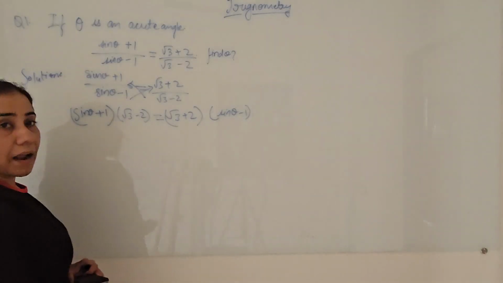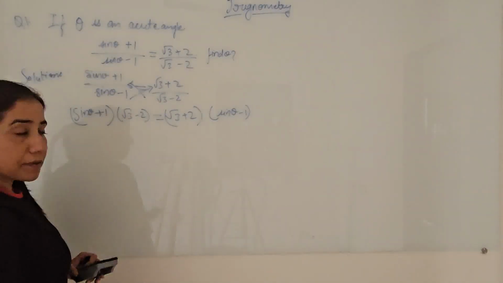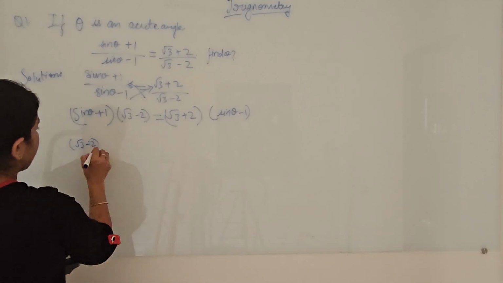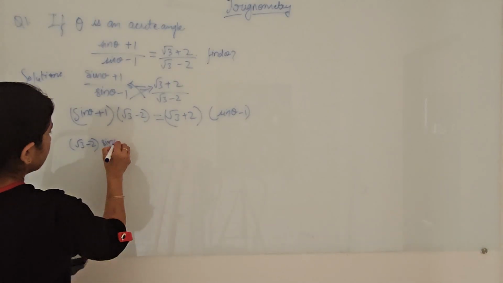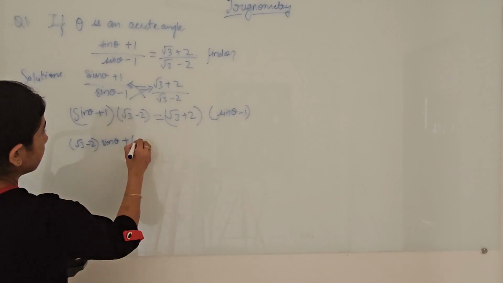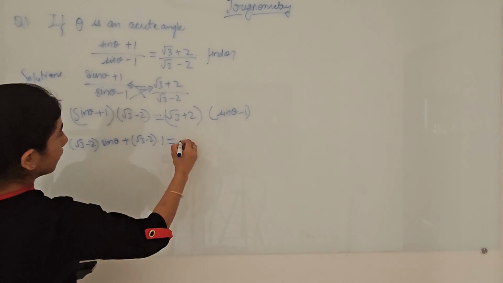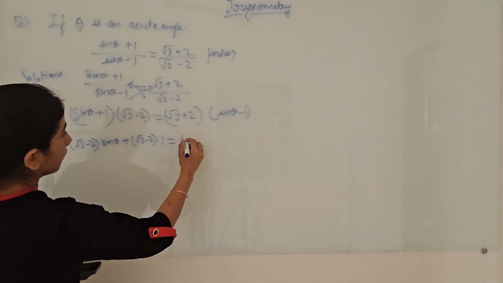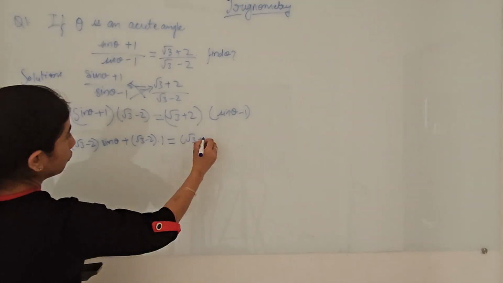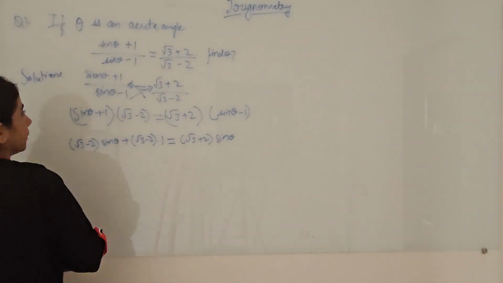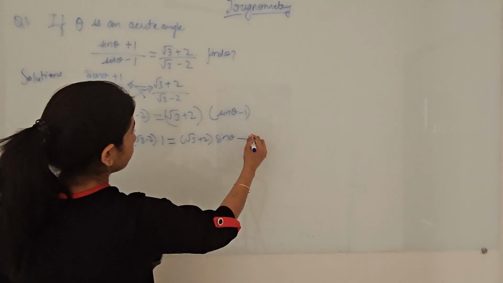Now opening up the brackets of sin theta plus 1, keeping this (root 3 minus 2) in the bracket only, I get sin theta (root 3 minus 2) plus (root 3 minus 2) dot 1. Similarly on the RHS part, (root 3 plus 2) in the bracket, and opening up the bracket of sin theta minus 1.